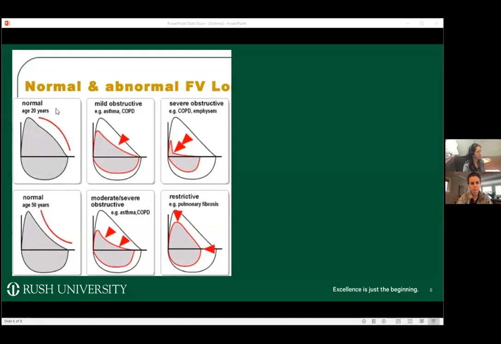And here they're talking a normal 20-year-old versus a normal 50-year-old. And the normal expiratory limb is a nice smooth line, almost straight line. And you'll see here, this is just the normal put for comparison.